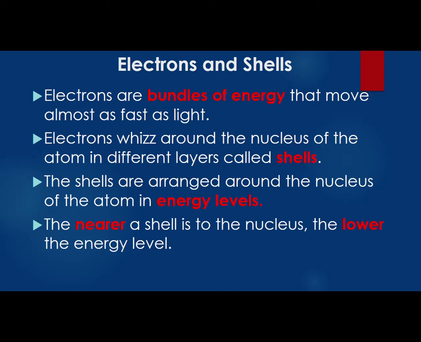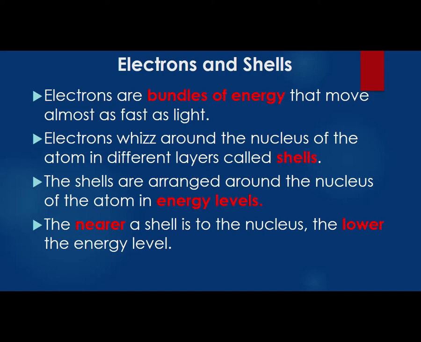Then the shells are arranged around the nucleus of the atom in energy levels. They have different energy levels, lower level, higher level, then higher level, and according to their levels the electrons move around the nucleus in different energy levels.